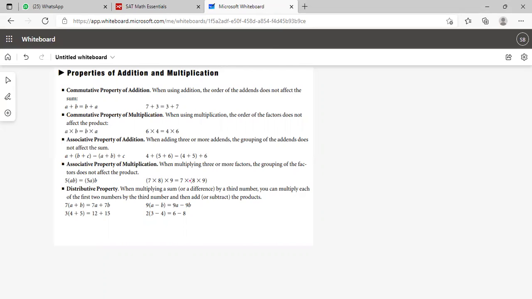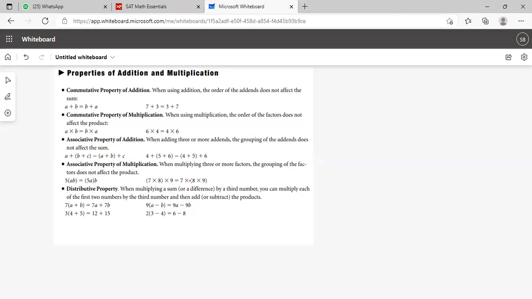And if we see matric students, the system and their education program, whatever you call it, they make them learn these. So these are very important from the SAT point of view as well. So you have to learn these properties. And they're very easy. Don't worry, I'm with you.